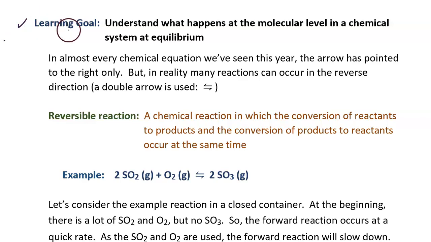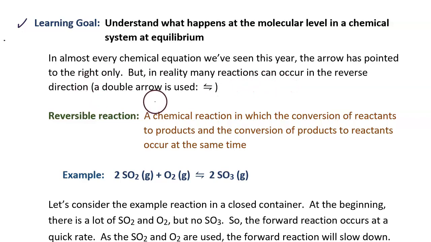The first learning goal is to understand what happens at the molecular level in a chemical system at equilibrium. In almost every chemical equation we've seen this year, the arrow has pointed to the right only, indicating that the reactants convert into products. In reality, many reactions can occur in reverse.